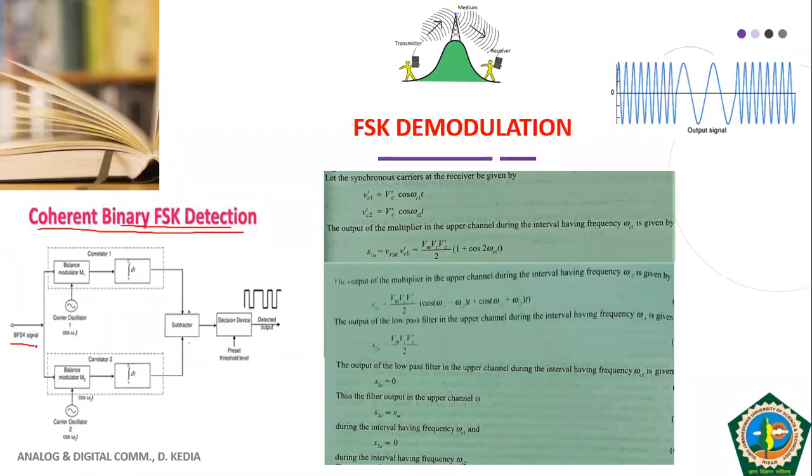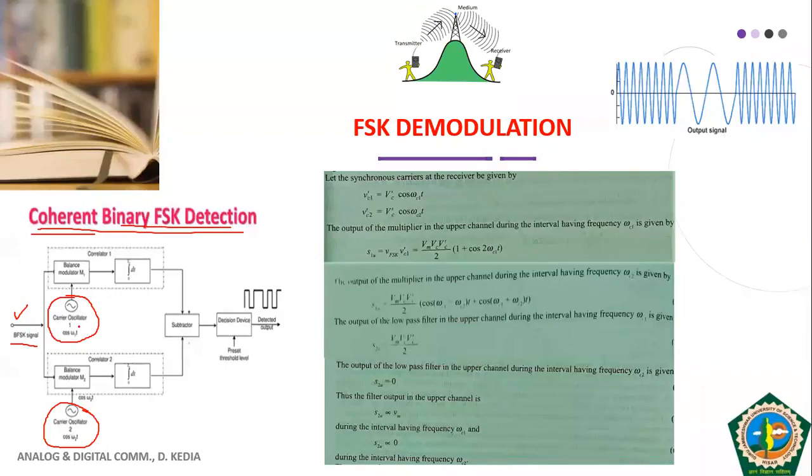Then when we pass those frequencies through appropriate filters, we can get our original signal. You can see these are the locally generated carrier frequencies. Since there are two frequencies, we have two oscillators. It is because of these carrier oscillators present at the receiver side that we call it coherent binary FSK detection. So this is the binary FSK signal.